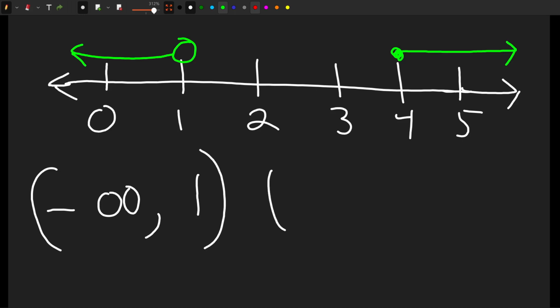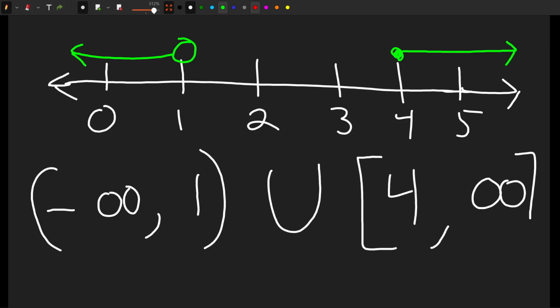And then we have the union sign, which is a giant U. And then we have 4 to positive infinity. And 4 in this case is a bracket, and infinity is a parenthesis, since we can include 4 in this case.